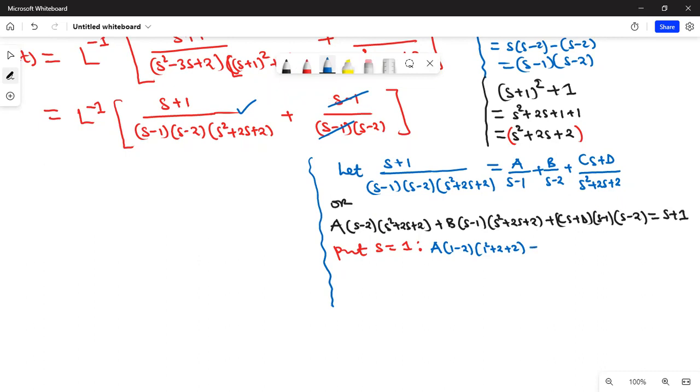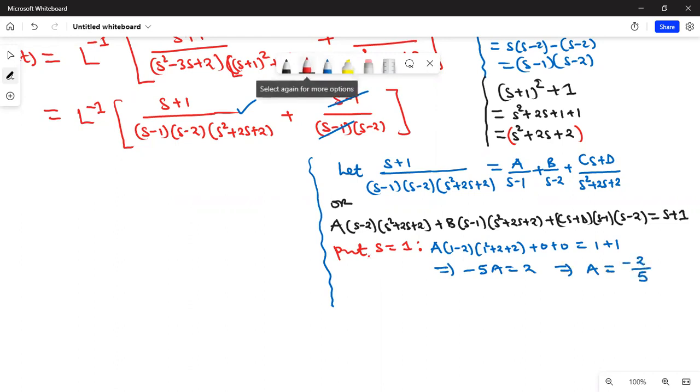The others will be 0. 0 plus another 0 will be equal to 1 plus 1. So this is negative 5A. This simply means that negative 5A is equal to 2, of which you can say that A is equal to negative 2 over 5.